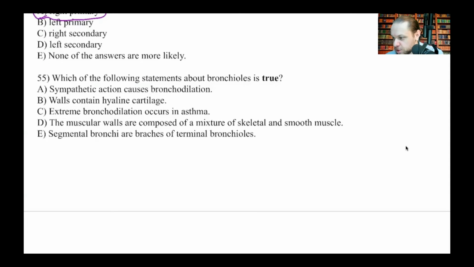But here, remember, I talked specifically about beta 2 stimulation in the lectures. So what do you remember, Kayla? What does beta 2 stimulation do? That's for the lungs, right? We talked about beta 2.